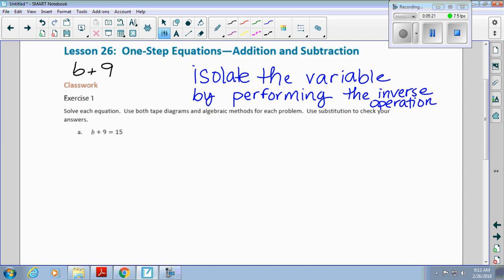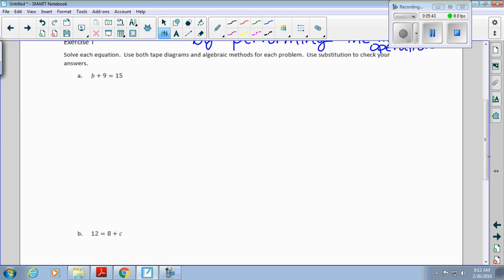What's the inverse of addition, Elijah? Subtraction. What's the inverse of subtraction? Addition. What's the inverse of multiplication? Multiplication. Division. The inverse of division is? Multiplication. Any questions?